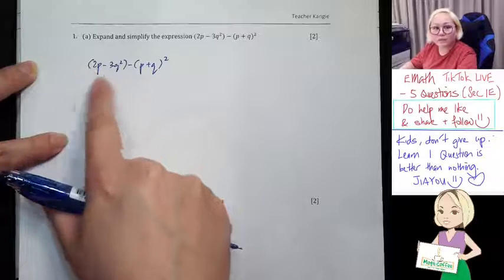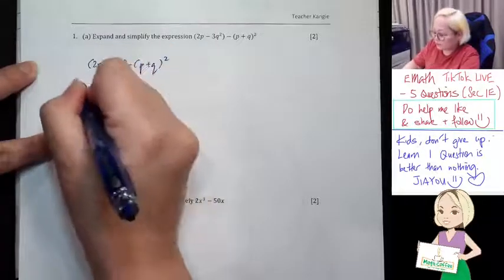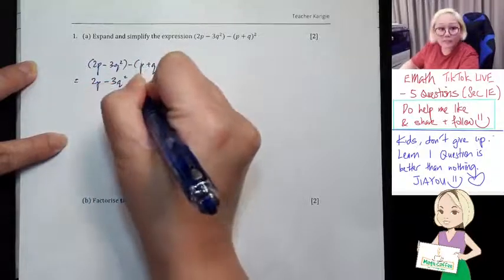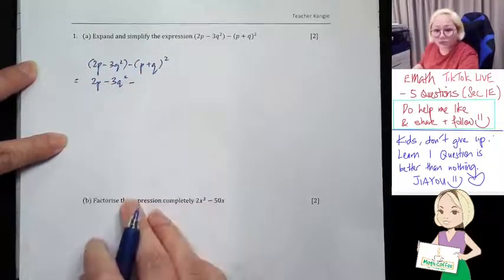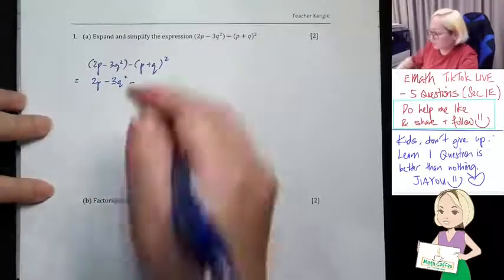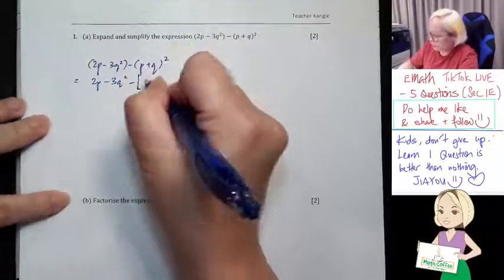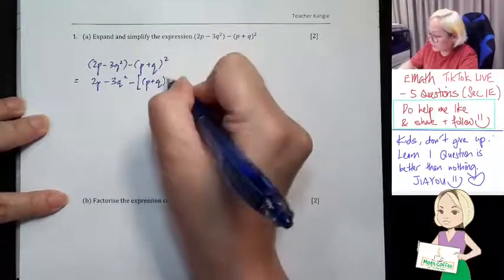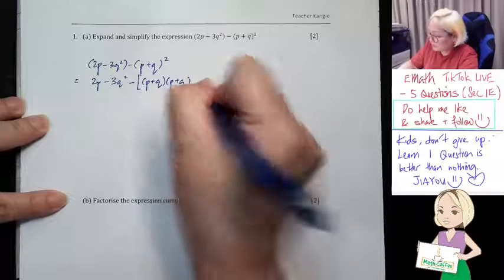The first two terms are just with the bracket, so you just open the bracket, that means no change. This one is a subtraction, so you have to put a square bracket first. This is (p + q) squared, because it's a square outside the bracket, that means it's two of the same bracket.